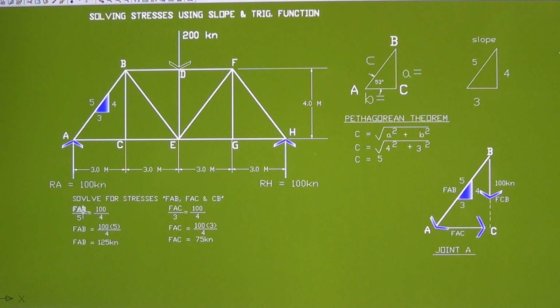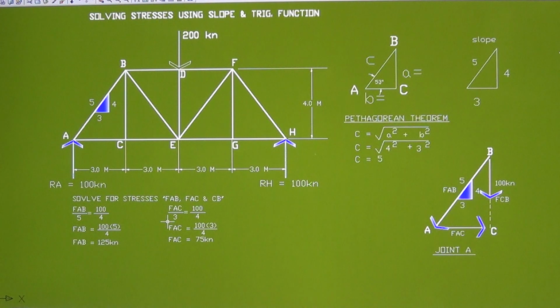FAB divided by 5 is equal to 100 divided by 4, and FAC divided by 3 is equal to 100 divided by 4. Forming these two equations here to solve the two members of the truss, the AB and the AC.